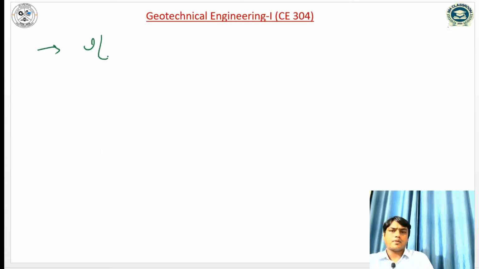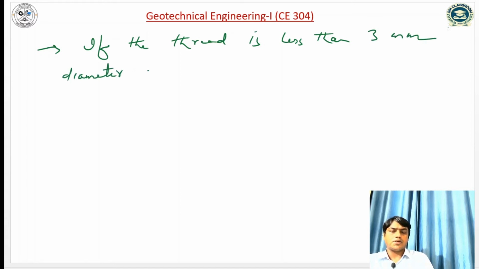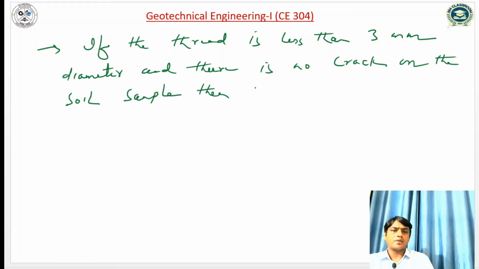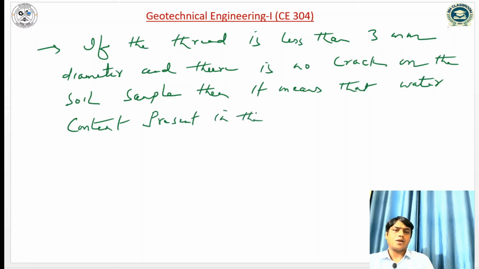If the thread is less than 3 mm diameter and there is no crack on the soil sample, then it means that the water content present in the soil is greater than the plastic limit.